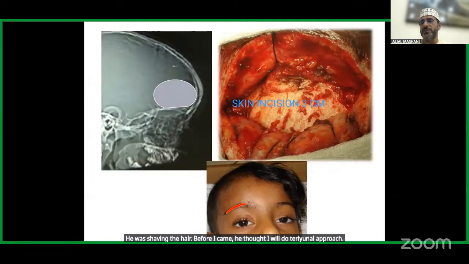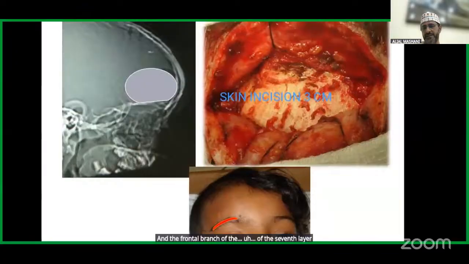He didn't know about the supraorbital approach, but we did a supraorbital approach for the same case, with a small craniotomy. This is the skin incision. Here you can see the supraorbital nerve, and the frontal branch of the seventh nerve will be somewhere here.